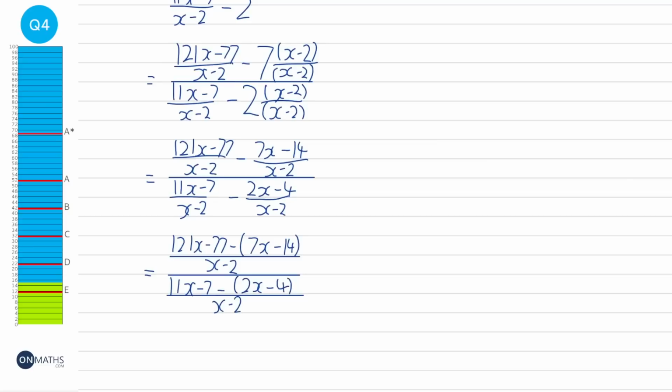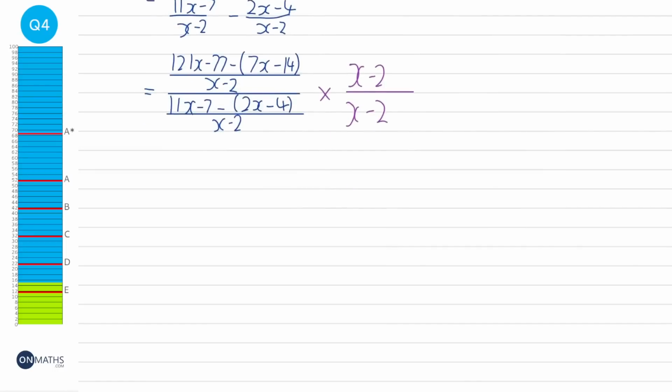So what we can do now is we can times top and bottom by x minus 2. So we're effectively timesing the fraction by 1, but we're just going to represent 1 by x minus 2 over x minus 2. And what that'll do is it will get rid of the fractions on the numerator and the denominator, which will be nice.